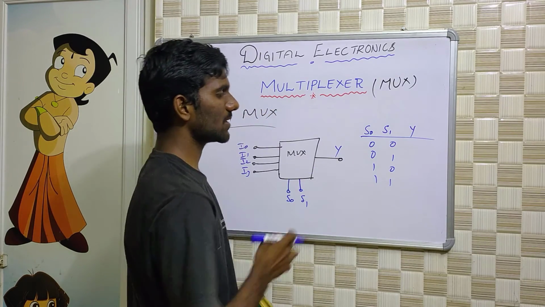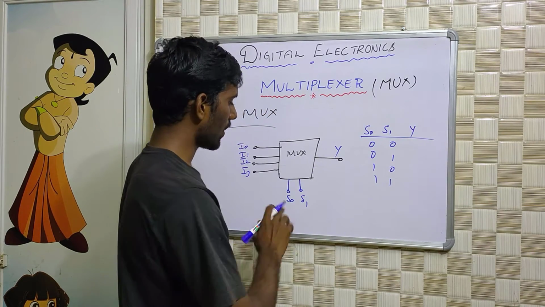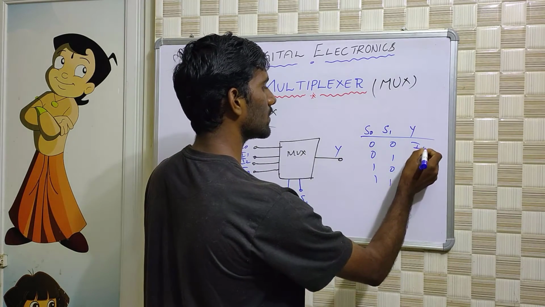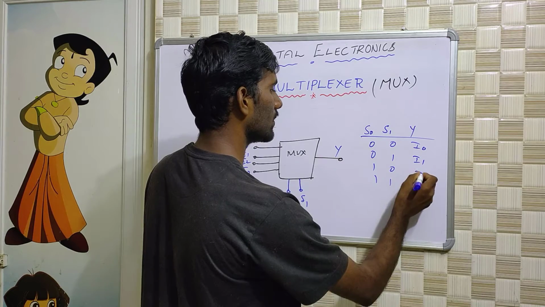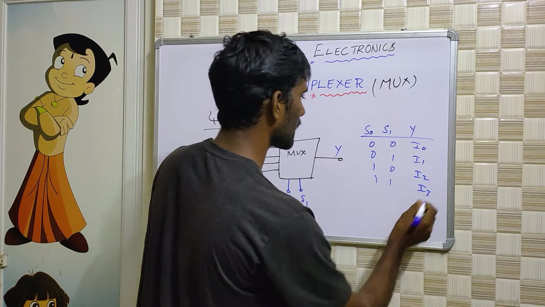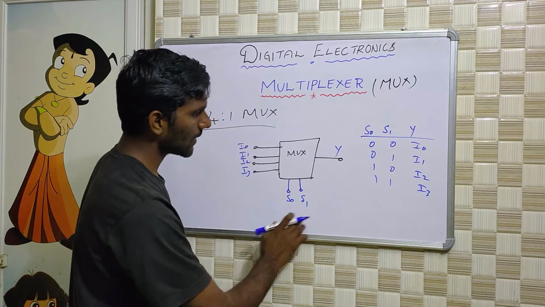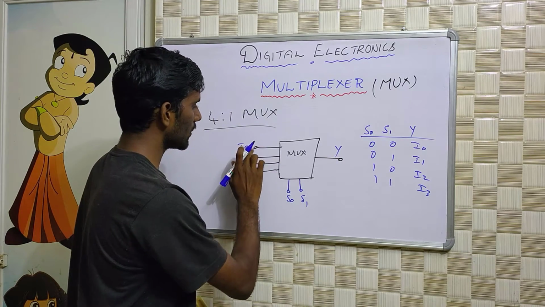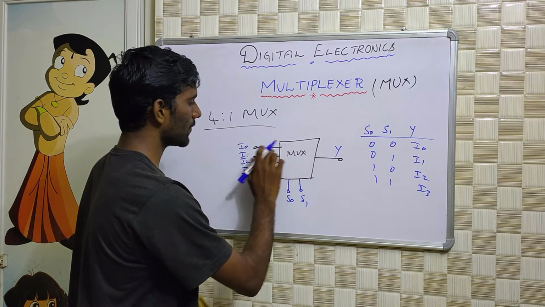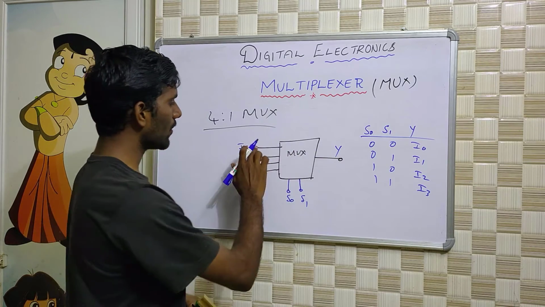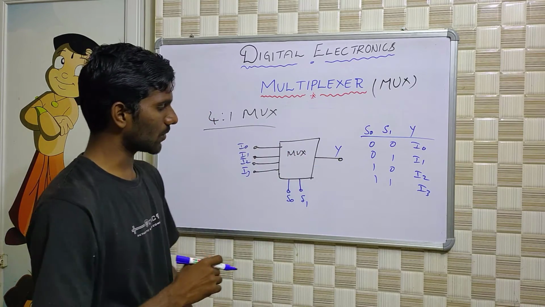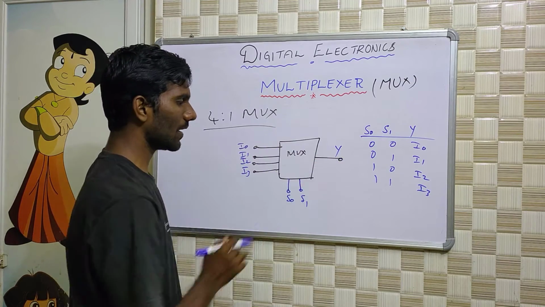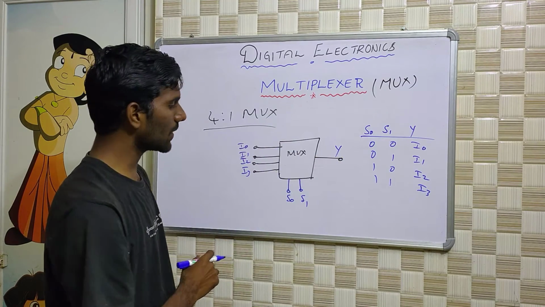If both selector lines are 0 0, then the output will be the first input, I0. If it is 0 1, then the second input line will be the output, I1.